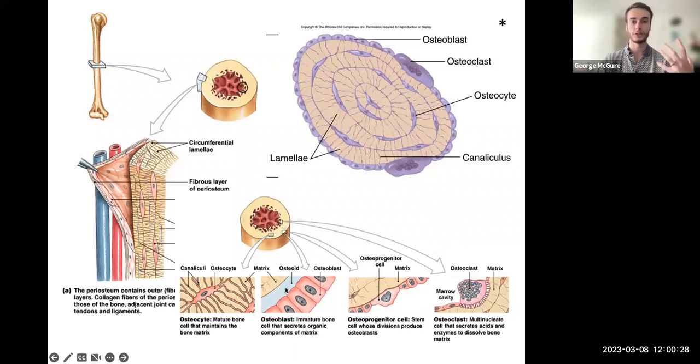They basically are depositing more and more calcium, moving further towards the center of the bone, and eventually will become surrounded by the calcium they're depositing and be basically trapped in there. So we only have a few osteocytes actually within the main hard portion of our bone, surrounded by the hydroxyapatite crystals and collagen fibers that they are creating and depositing.